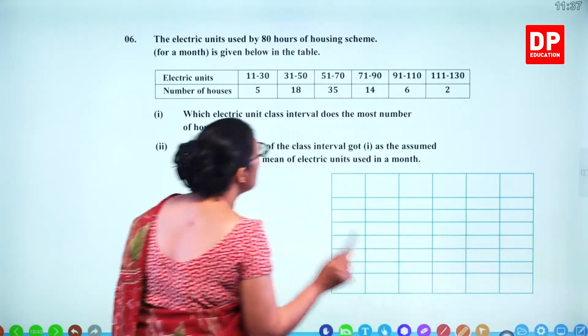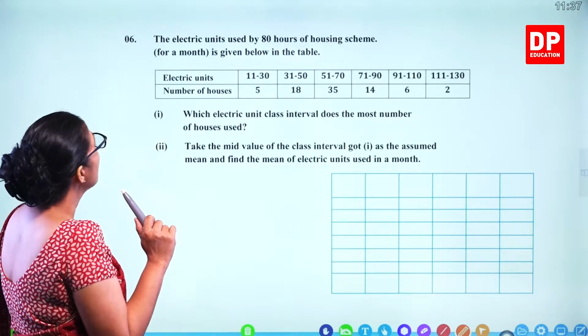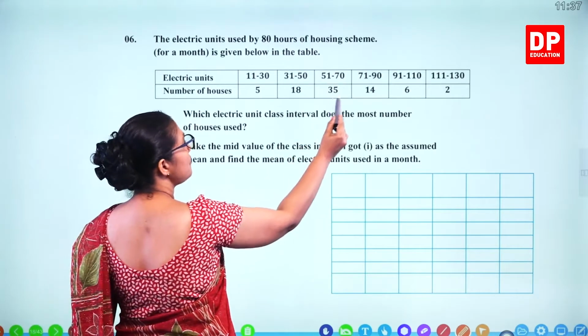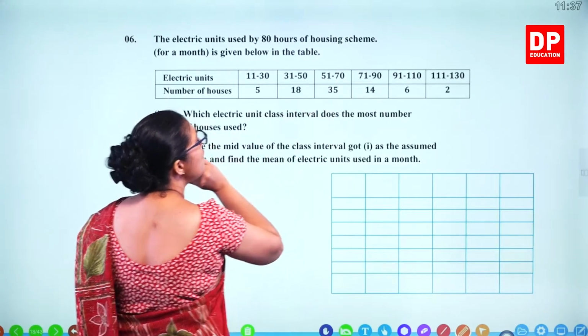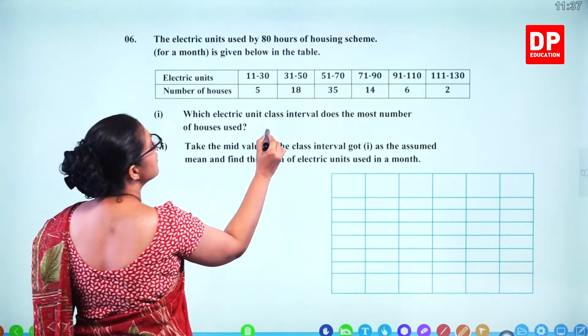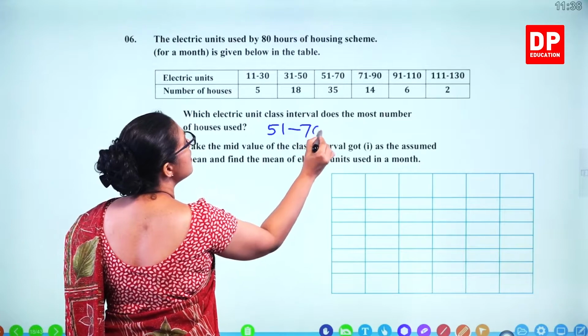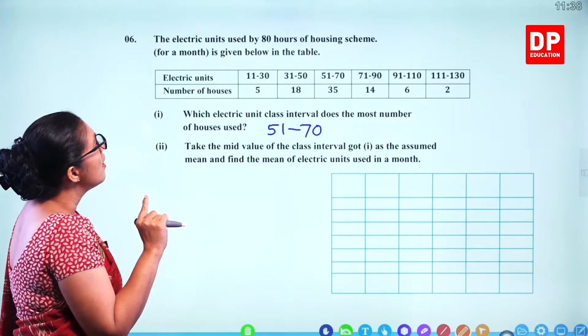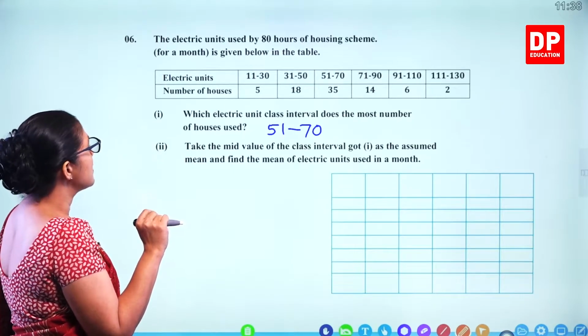That's the modal value. So which one is the modal value? Highest frequency, 51 to 70. Most number of houses used 51 to 70 units.